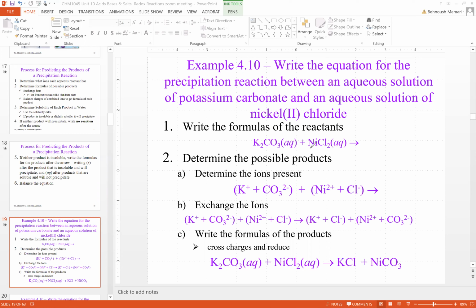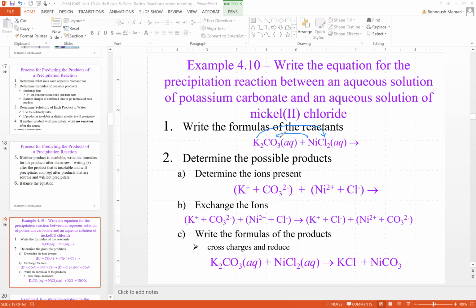They are soluble, because based on the solubility table, these two compounds are soluble. Now we have potassium ion, just following the in-out rule that I used before. Nickel would go with carbonate, and potassium would go with chloride, and you write the new compounds that are forming.